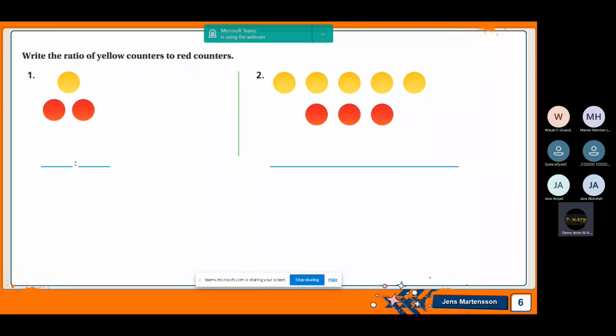The order is very important. How many are yellow, Rafif? 1. How many are red? 2. So I will say 1 to 2. Easy.